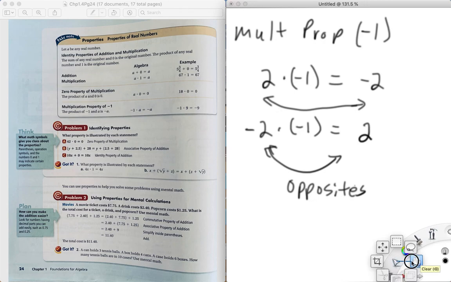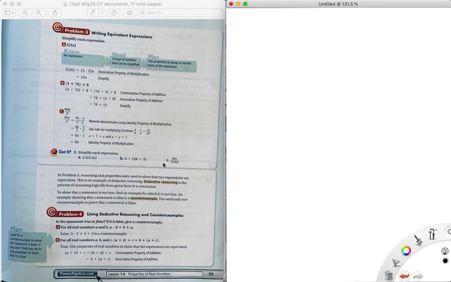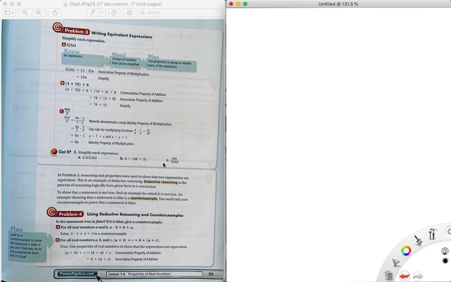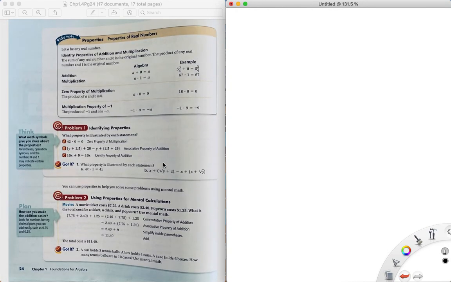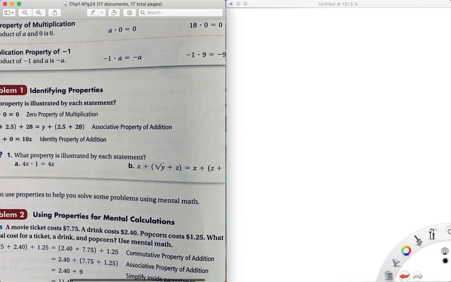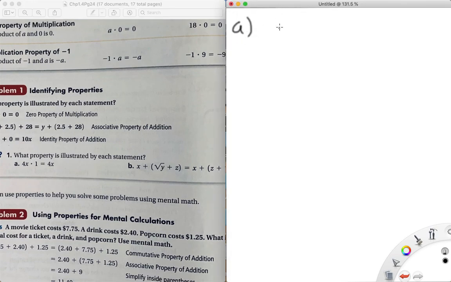Okay. I'm going to do these last two, and then that is it. So for Got It number 1a, it says 4x times 1 equals 4x.